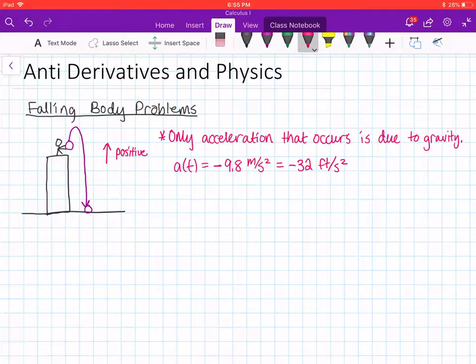Okay, some other things I wanted to mention: if we have v of t, if that's positive, then the ball is going upwards.